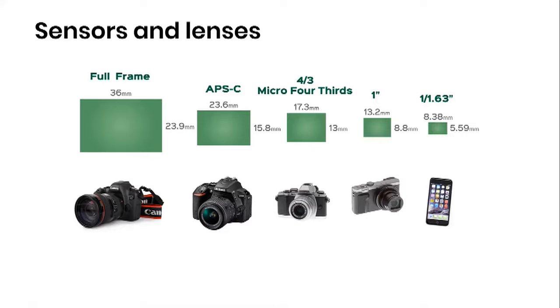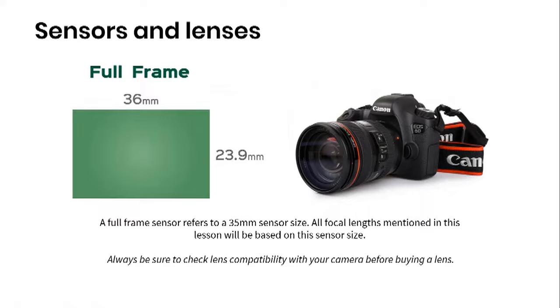The reason that I speak about this is throughout this lesson, I'm going to be speaking a lot about measurements, sizes and distances when it comes to images. For that reason, because there are so many different sizes of sensors, we're going to stick with what is considered standard, which would be a 35mm sensor size.